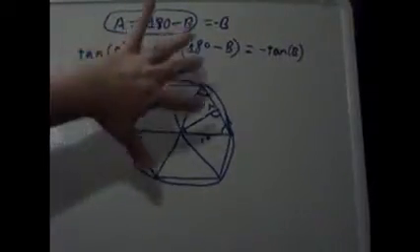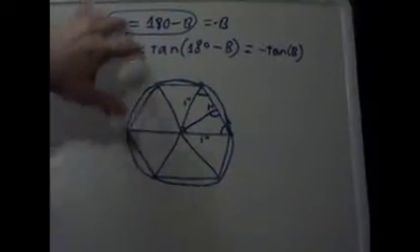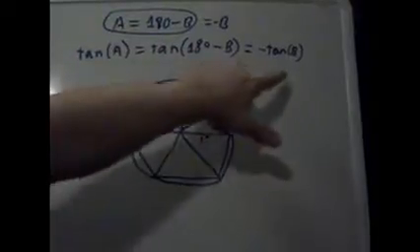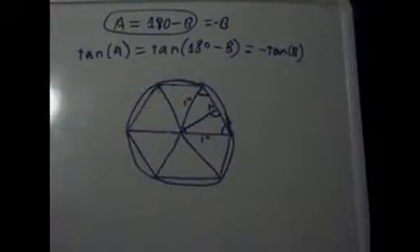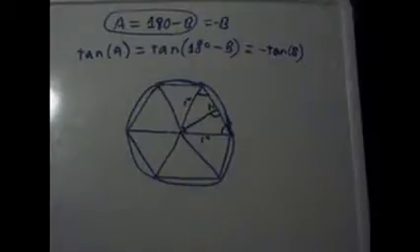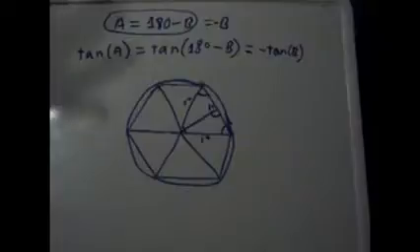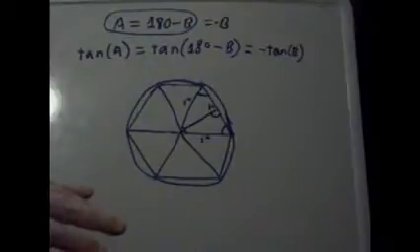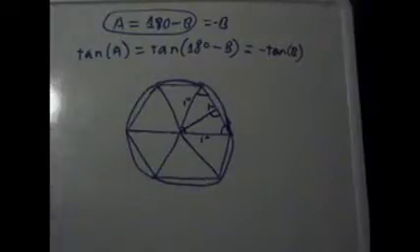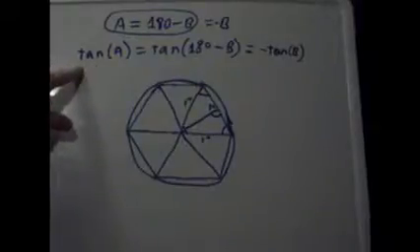So if we're thinking of tangent values rather than just regular numbers, then this actually starts to work. Like I said, we're not finding A, we're finding the tangent of A. So what we do is we take A, which in this case would be 60 degrees, and we look up the tangent chart of 60 degrees, and we find whatever 60 degrees correlates with, and that's the value you're looking for.